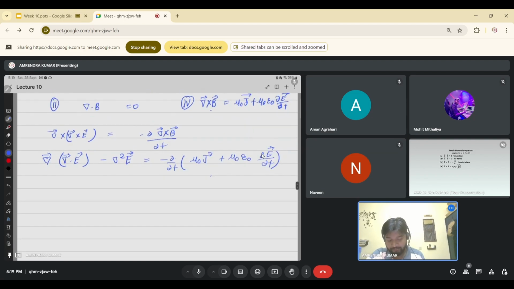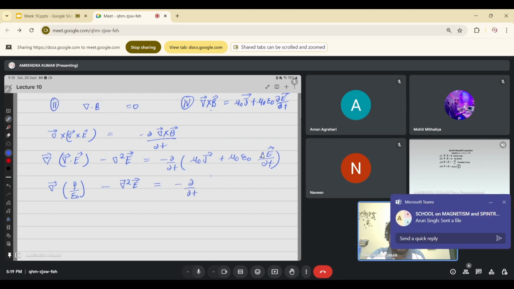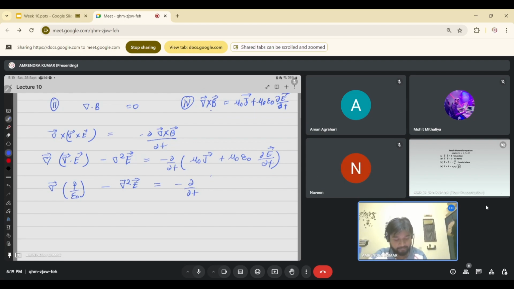Now you know that this del dot E is nothing but del of rho over epsilon naught, and then you have minus del square E equal to minus del over del t of mu 0 J minus mu 0 epsilon 0 del square E over del t square.